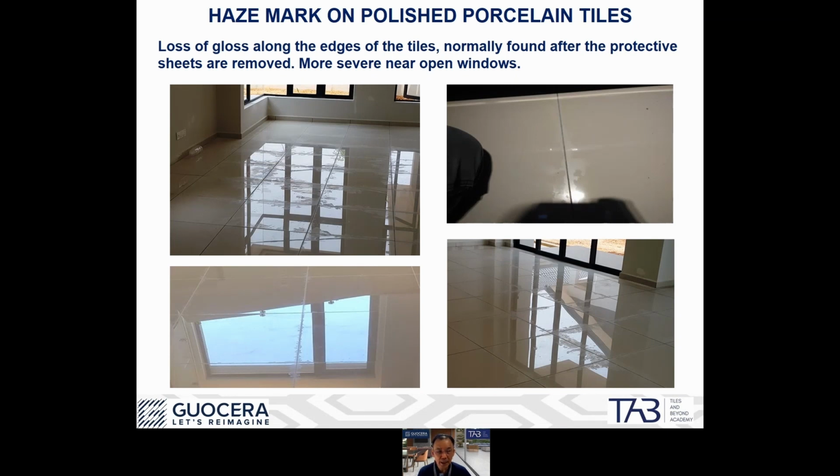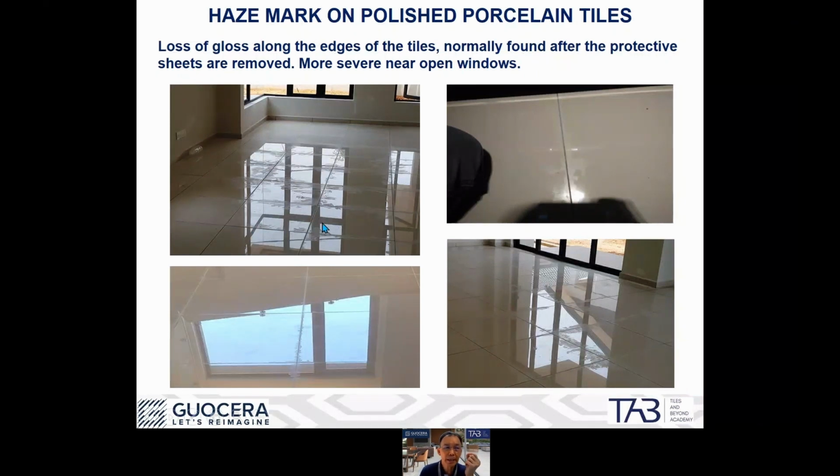What I mean is that this normally happens to polished porcelain tile, when the contractor removes the protective sheet from the floor at the job site. After at least about 1 or 2 months, they find this sort of defect.